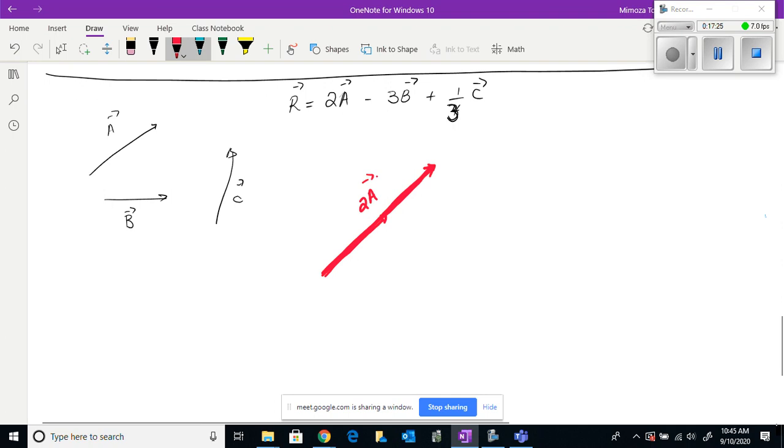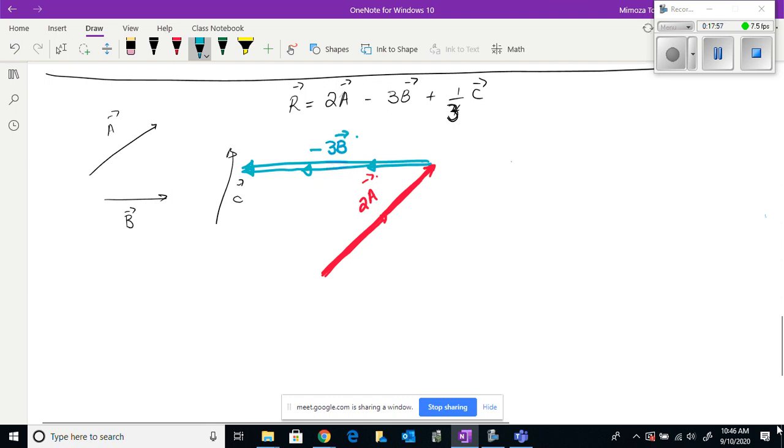Now, if B is going east, now we have negative 3B, which means that we will have negative 1B, negative 2B, and negative 3B. So the whole thing here will be negative 3B.